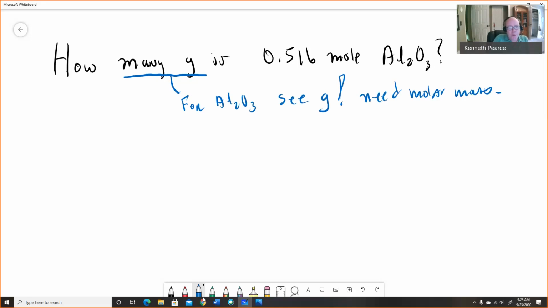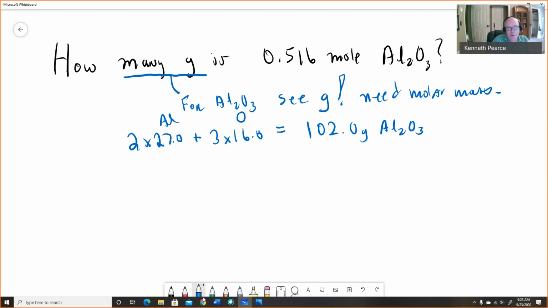We need the molar mass for aluminum oxide, and that's 2 times 27.0 from the periodic table, 3 times 16.0 from the periodic table. Of course, 27 is for aluminum, the oxygen is 16. And if we do that, we get 102.0 grams aluminum oxide for every mole aluminum oxide. It's not just grams, it's grams per mole.